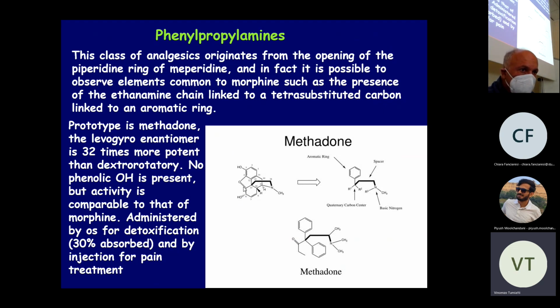We have an open E-ring, and then from 4,5-epoxymorphinanes, we got morphinans, and then we have an opened C-ring, benzomorphans, and then we have an opened B-ring, 4-phenylpiperidine, and then we open the basic ring, the D-ring.